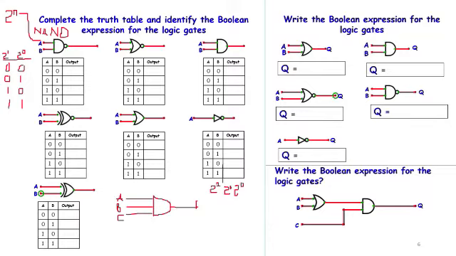You see I'm decreasing as I move across the columns. This is one column, this is another column. 2 raised to power 2 is 4, so I have to get 4 zeros, then 4 ones, in 4 places.